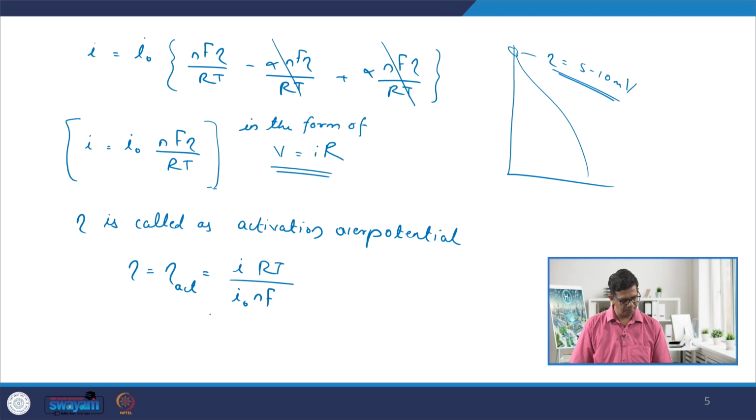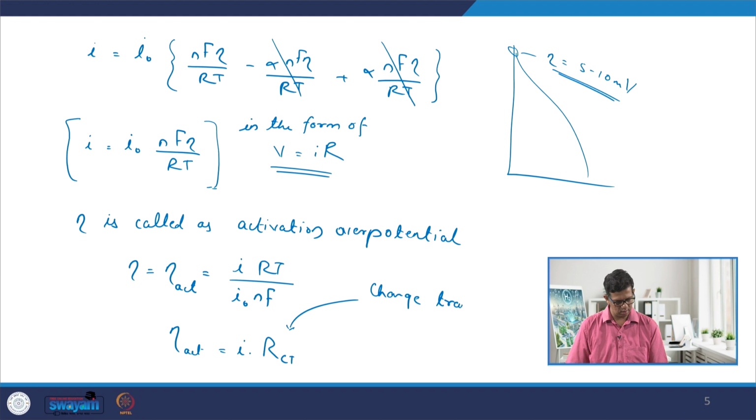So, let me rewrite that. Then eta activation becomes I times RCT, whereas this RCT is called the charge transfer resistance.